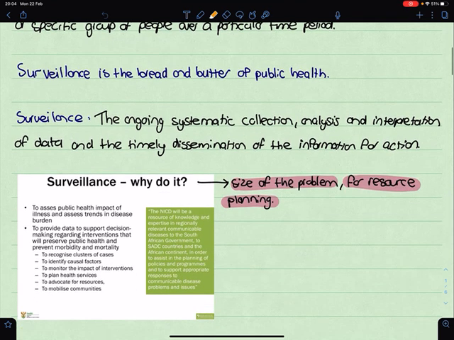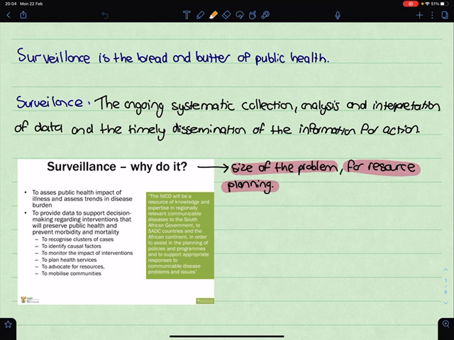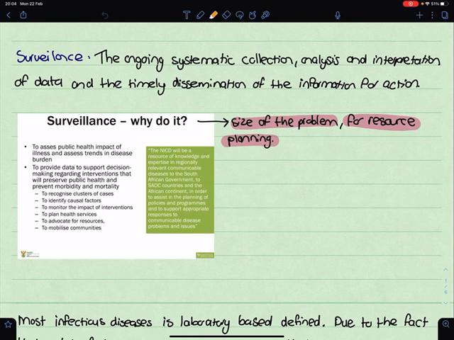So what is surveillance? Surveillance is the ongoing systematic collection, analysis, and interpretation of data in a timely fashion in order for action to take place. So why should we do surveillance? In order to assess the size of the problem and for resource planning.